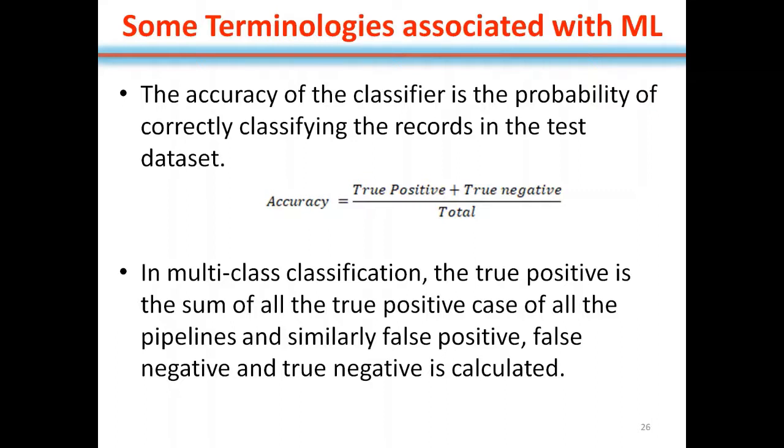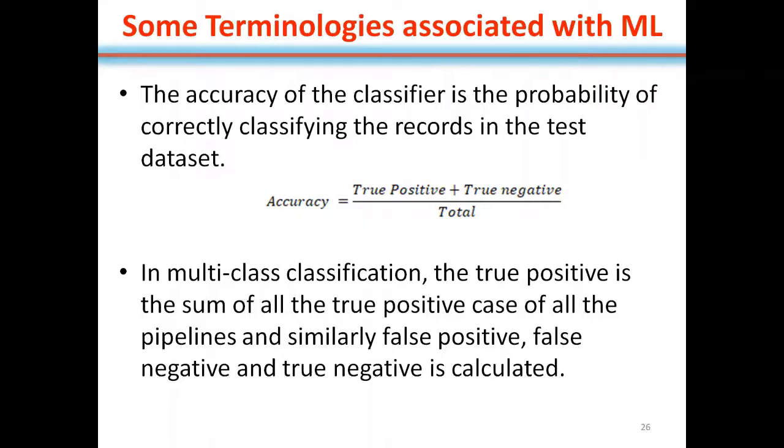In multi-class classification, the true positive value is the sum of the true positives of all the pipelines. For example, true positive of pipeline 1 plus true positive of pipeline 2 plus true positive of pipeline 3 up to true positive of pipeline number n. Similarly for true negative, false positive, everything.